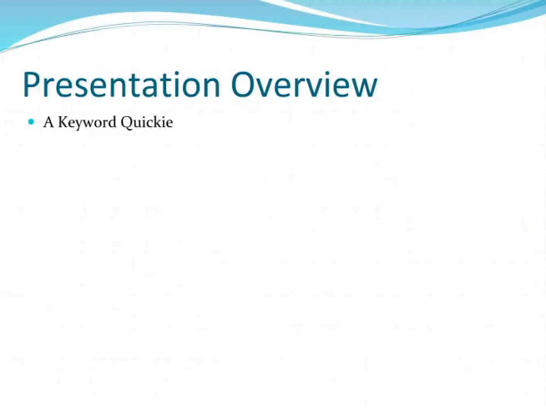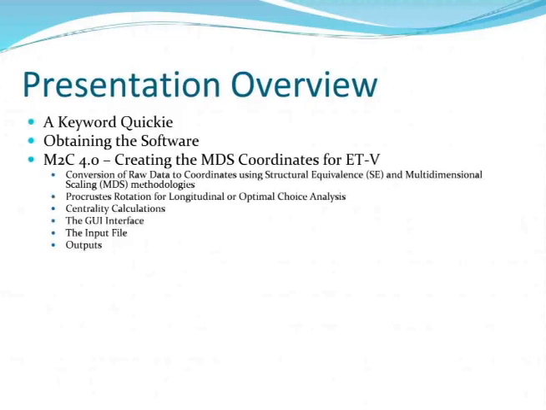This presentation is going to start with a quick keyword reference so that we're all speaking the same language. From there, I plan on talking about how you can obtain the software, which is free. Then I will talk about the matrix creation software. This is what takes your raw data and puts it into something you can visualize.